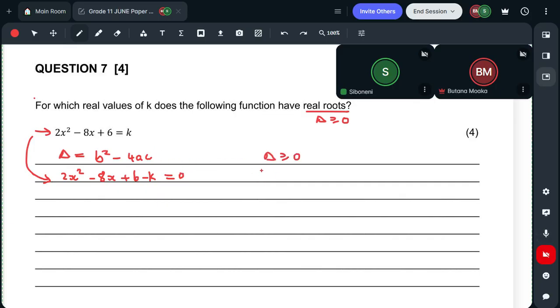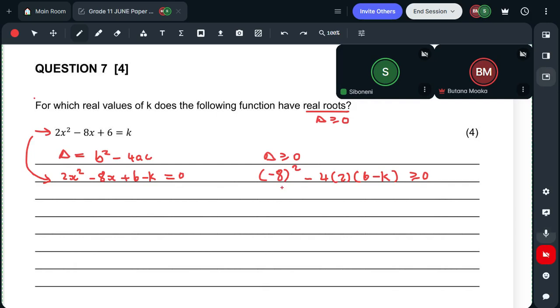The discriminant is b squared minus 4ac. What is the value of b? B is -8, and this will be squared, minus 4 into a. The value of a is 2, and the value of c? The value of c is 6 minus k. Exactly. You take everything that you see, that 6 minus k, and solve for k.